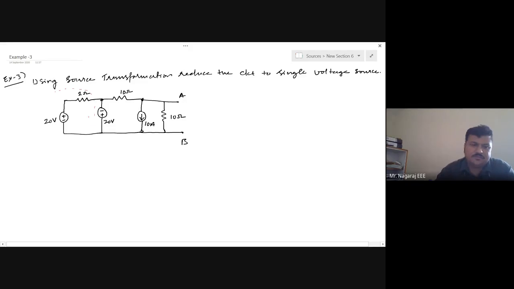See here, this loop of 20 volt and 2 ohm has no significance in the circuit. Because if you take, suppose this as node X, what is the potential value of X?